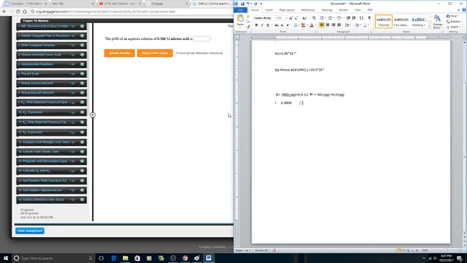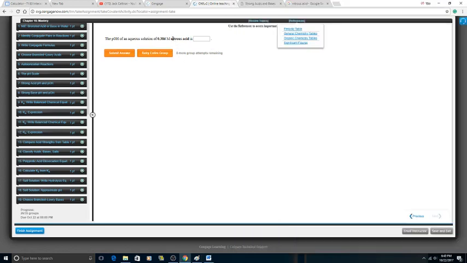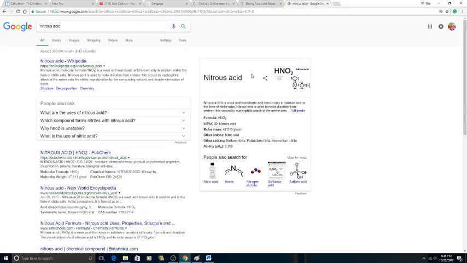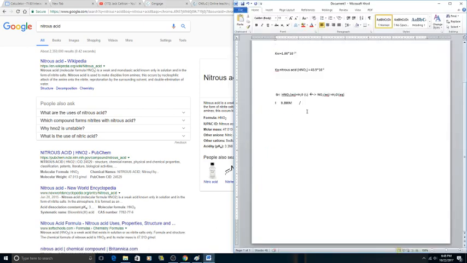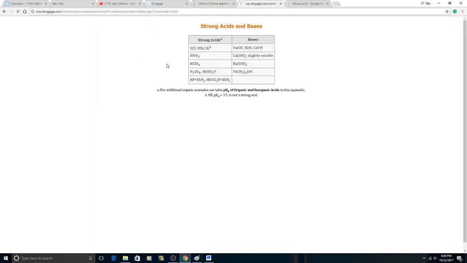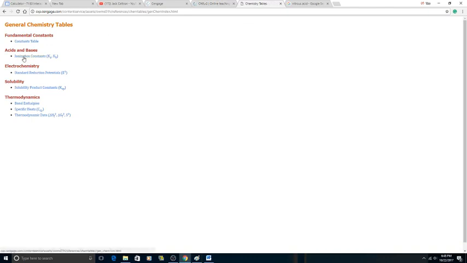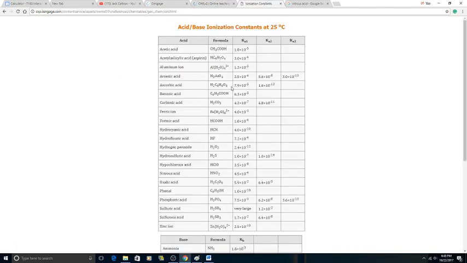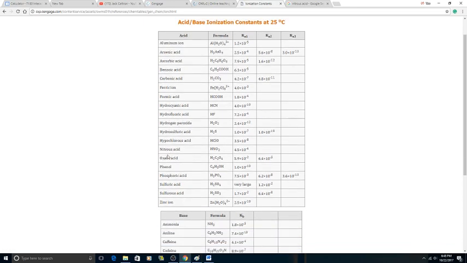So what I'm going to do is I Google search nitrous acid. It tells me it's HNO2, and so I write that down up here, and I need to know the Ka. So what I do is I go find it in a table or Google search it. Ionization constants. Nitrous acid is HNO2.